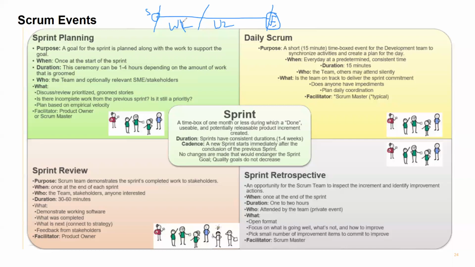Correct? So anything, if you want to do it, you will have a plan, right? Any work or any job that you want to perform, without planning, you will not start doing it, right? So if you are planning to start the sprint, the first thing you need to do is sprint planning.